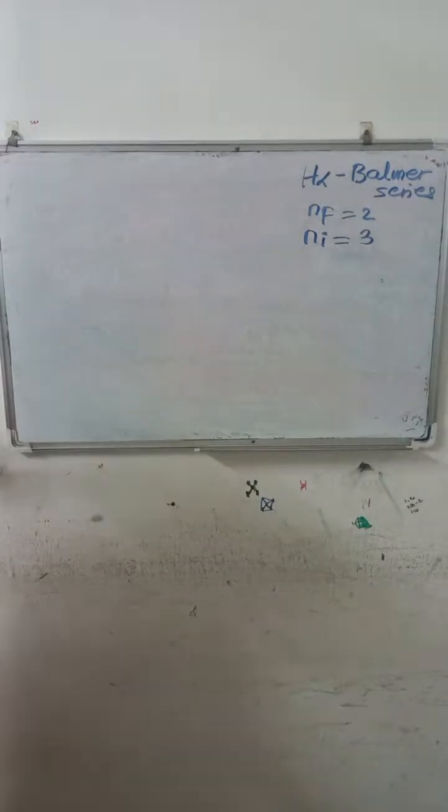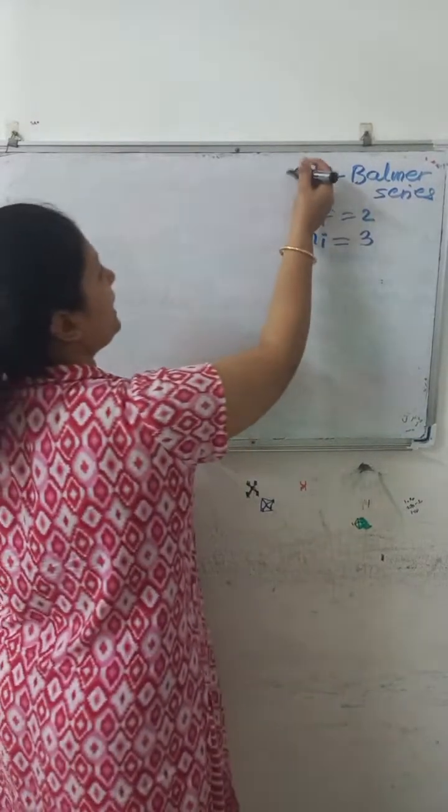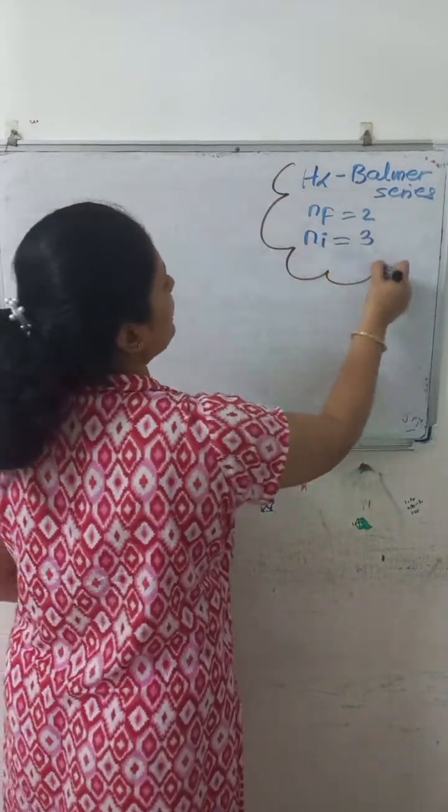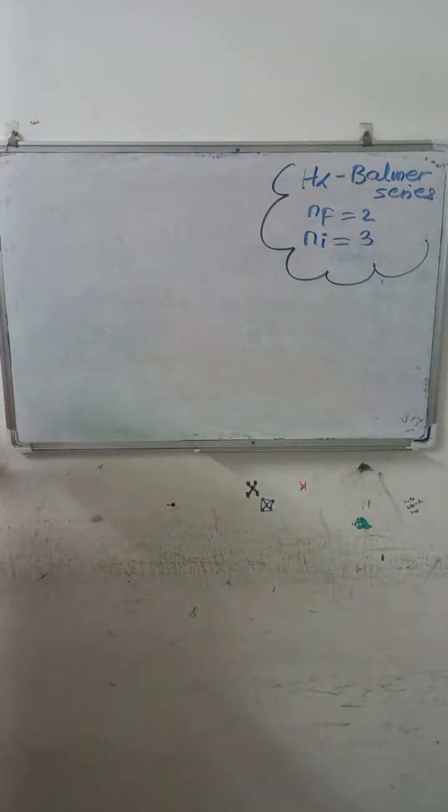Make it IMP: whenever H alpha comes, they are not asking whether it is shortest or longest. By default you have to take NF as 2 and Ni as 3. So here we are calculating the longest wavelength for the Balmer series.